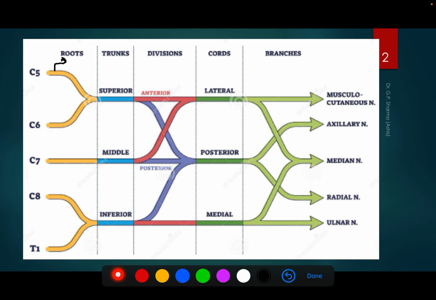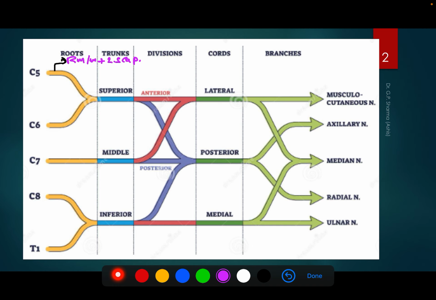That branch was dorsal scapular nerve. So this dorsal scapular nerve is going dorsal to our scapula. So this is supplying my rhomboid muscle, that is rhomboid major and minor, plus it is supplying my levator scapulae muscle, right? So this is the dorsal scapular nerve.